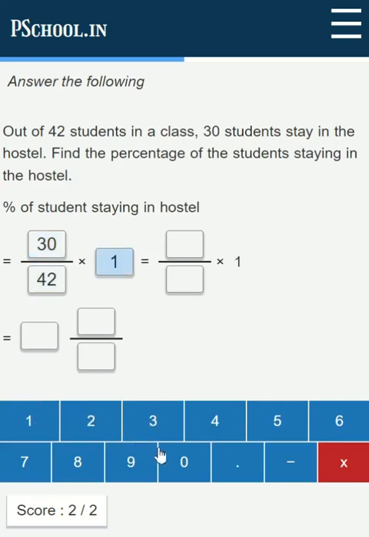Let us multiply by 100 to get the percentage. This fraction can be simplified as 5 by 7. 6 is a factor of both 30 and 42. So if we divide both 30 and 42 by 6, we get 5 by 7. So here what we have is 500 by 7. If we do a division, we get 71 3 by 7.